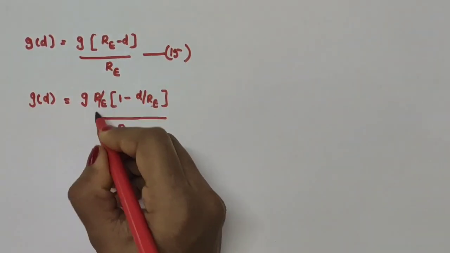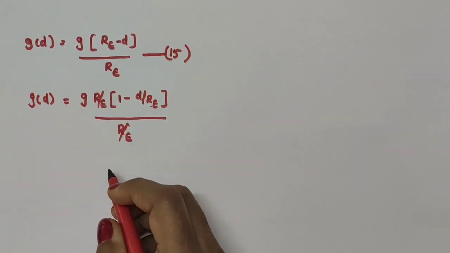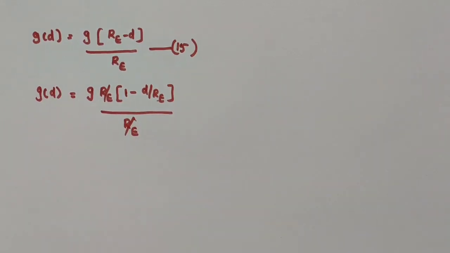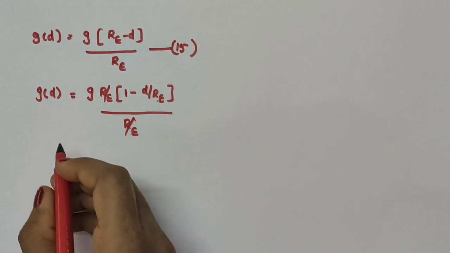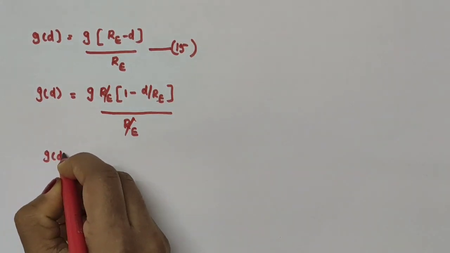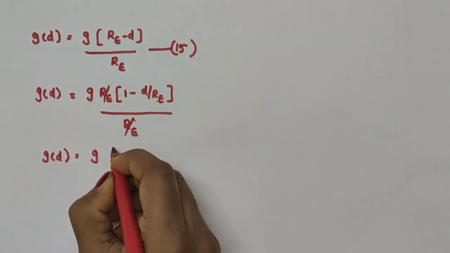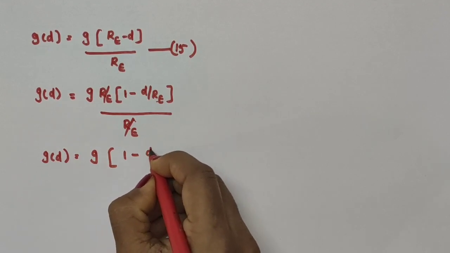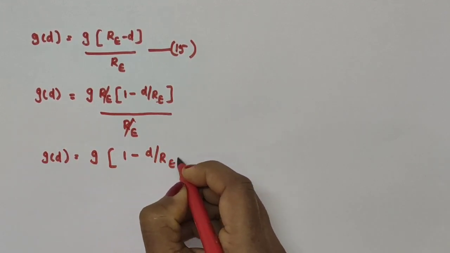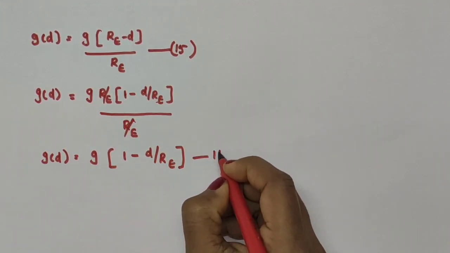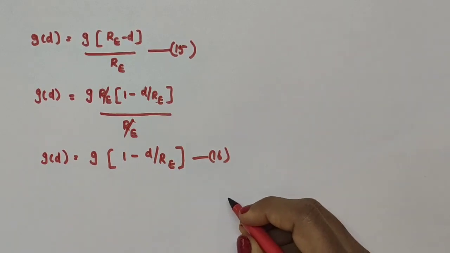Now you see this Re and this Re can be cancelled. So this equation becomes g of d is equal to g into 1 minus d by Re. I am taking this as equation number 16.